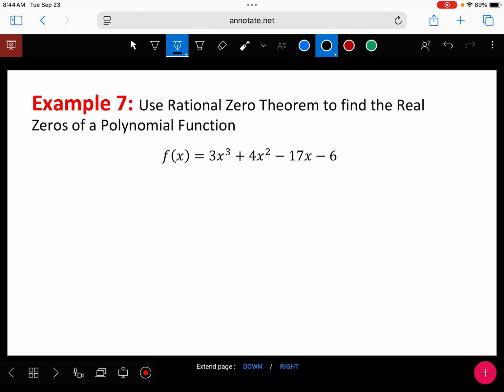All right, so let's look at number 7. Now we're going to figure out what they are. So we have a function, and that function is 3x cubed plus 4x squared minus 17x minus 6.